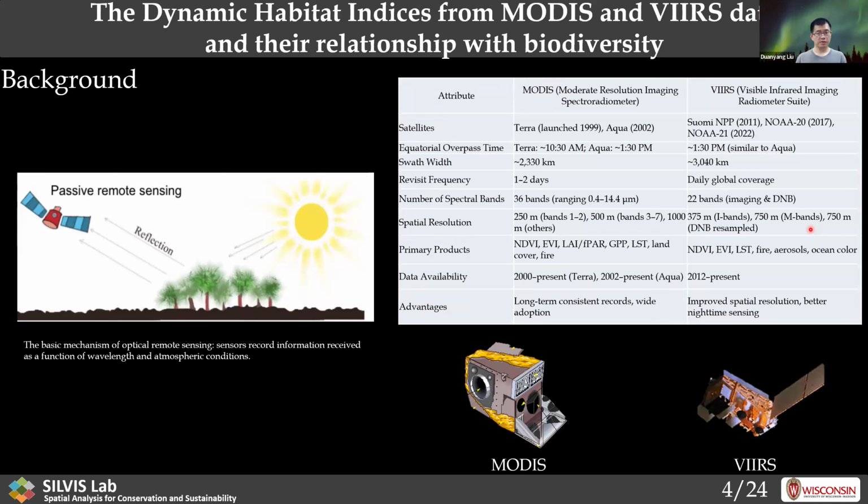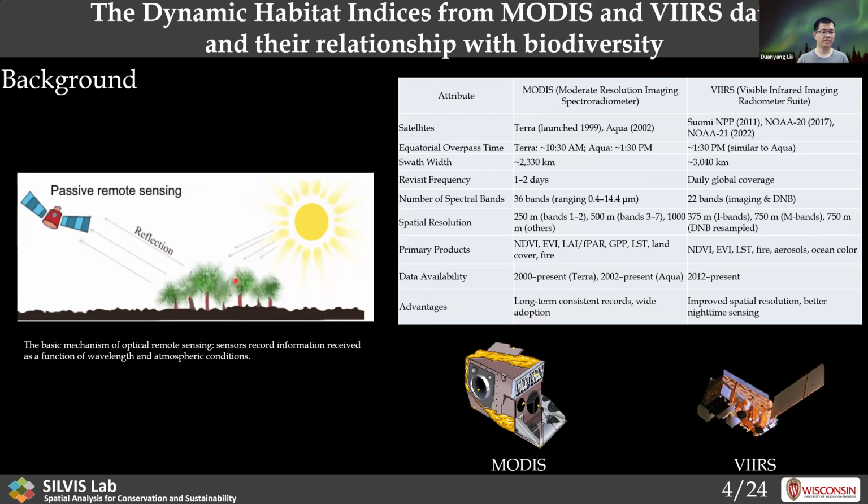Meanwhile, remote sensing also provides large-scale, high-resolution and long-term observations. And remote sensing works by detecting the electromagnetic radiation, usually sunlight, which is reflected by or emitted from the land surface.